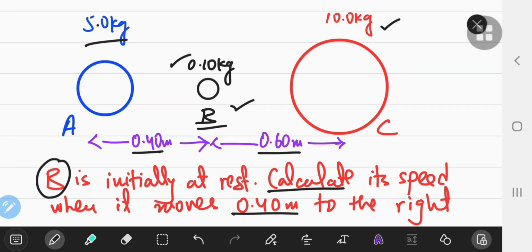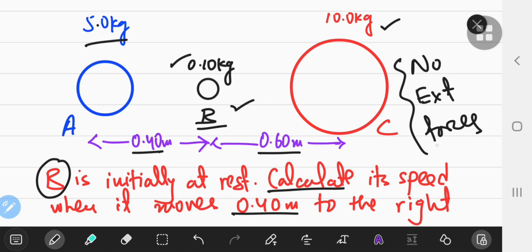Now, to solve this problem, you can use energy conservation principles because we have an isolated system. That is a system where there are no external forces at play. The only forces involved here are the gravitational forces exerted by the masses on each other. So there are no external forces, and hence you have an isolated system.